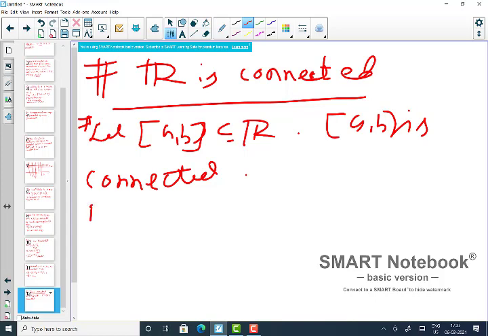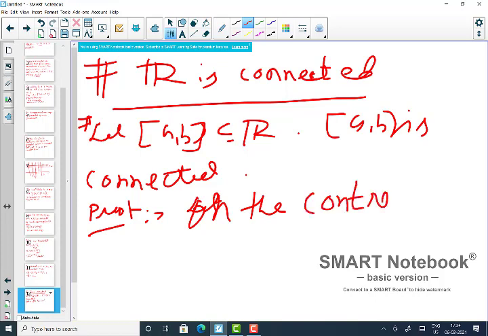How do you prove it? Let us first assume that it's not connected. On the contrary, let this be not connected. What does that mean?